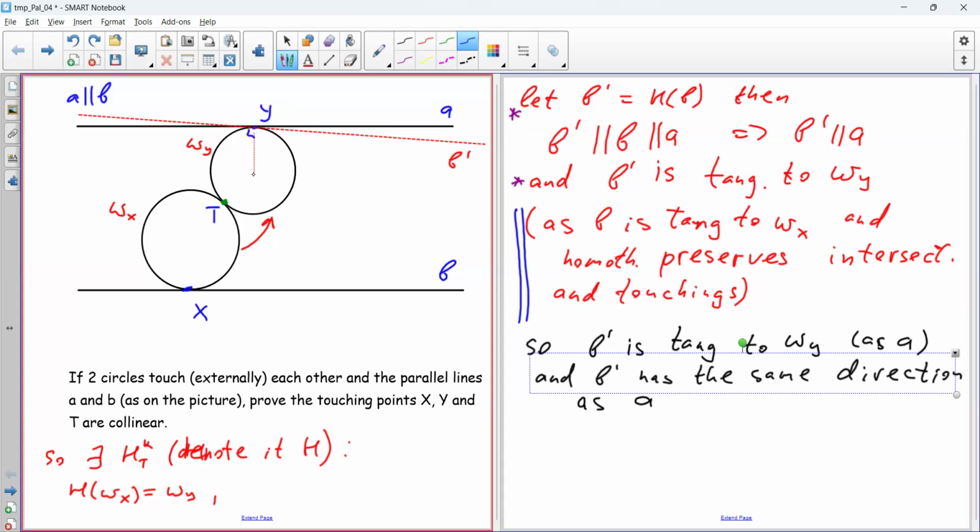That actually says that either they will coincide or they will be two opposite vectors, if we imagine them as vectors. And that pushes us to the idea that we must show that B prime cannot be the tangent line from the opposite side. But this is more of a combinatorial question. So here I will probably skip this part.